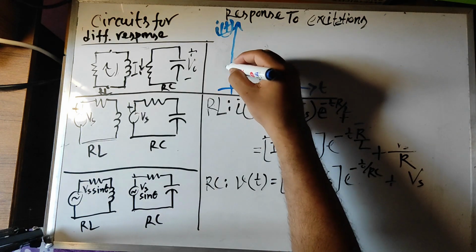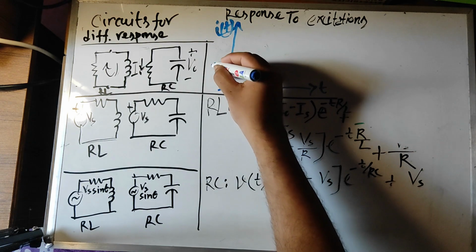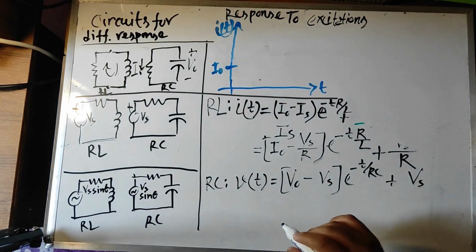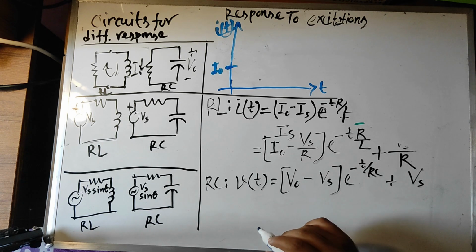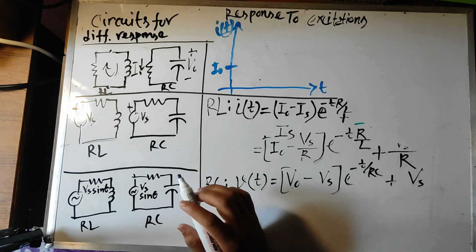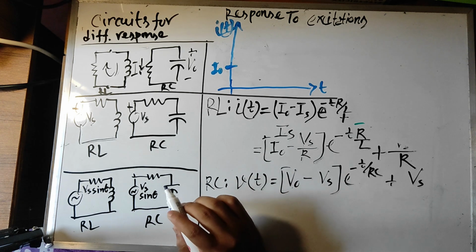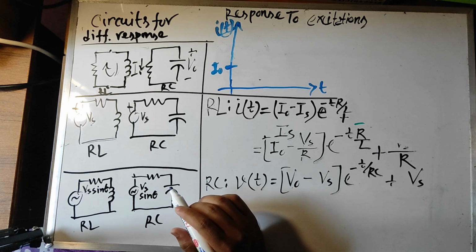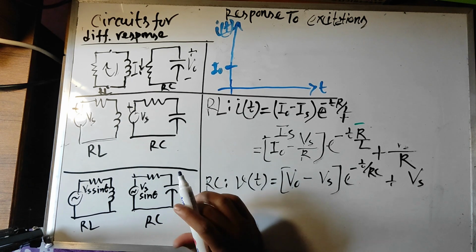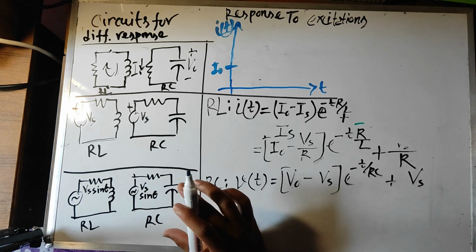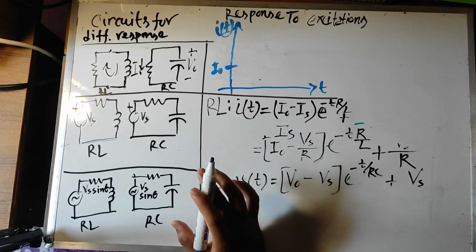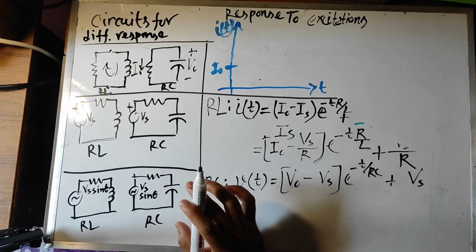So say this is the initial current. The inductor already has an initial current, and furthermore we have imposed an extra voltage or current on the inductor, which is in series with a resistor.